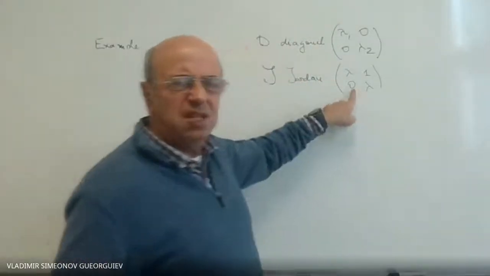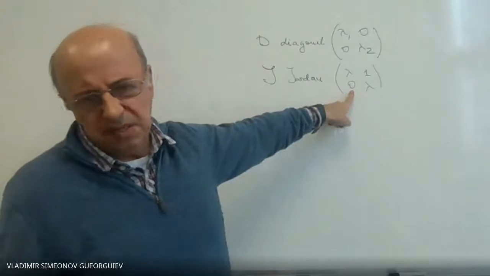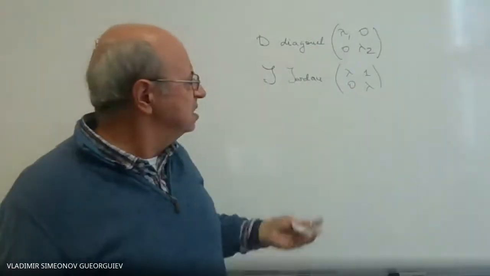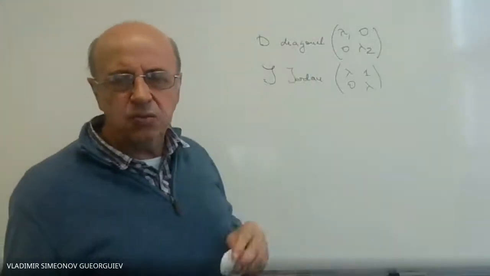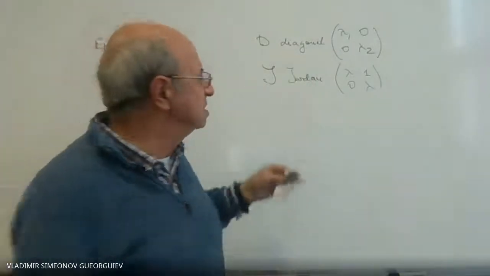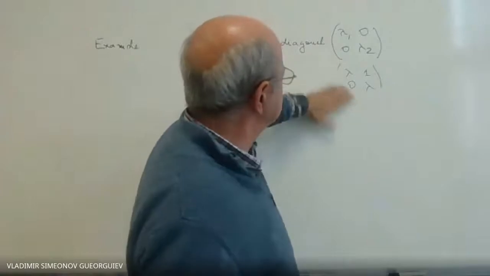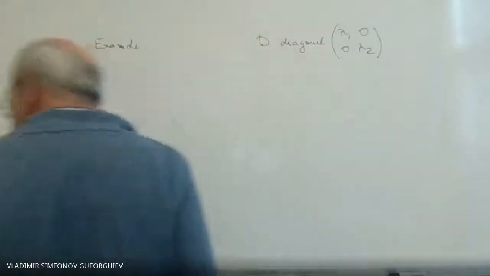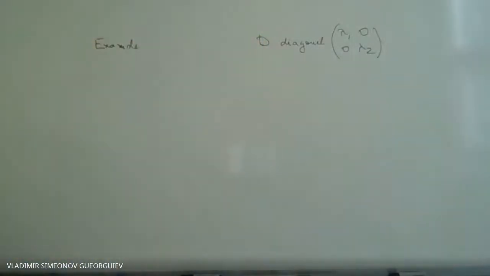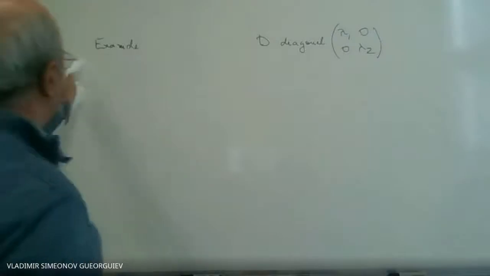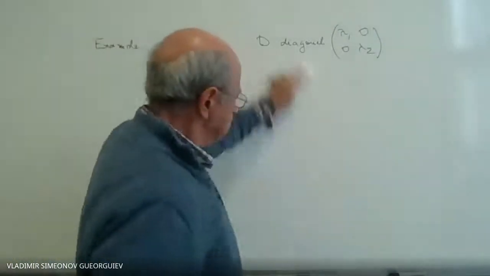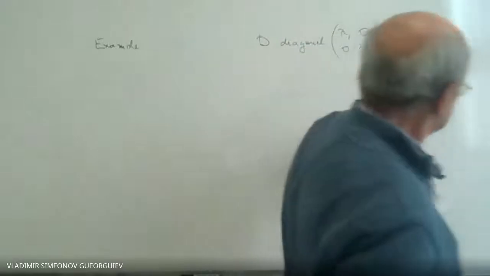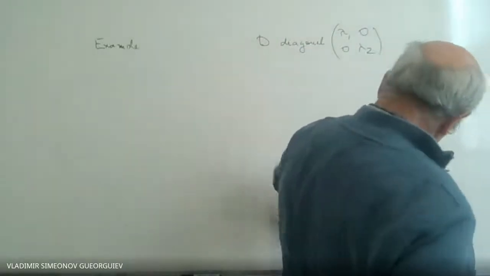As I told you, we didn't treat Jordan. Jordan is very similar to this case from last week. So in examples, we can treat also this case. But the essential thing is, if you can understand the diagonal matrix, then we have also the possibility to consider all cases, because we can find explicit solutions.